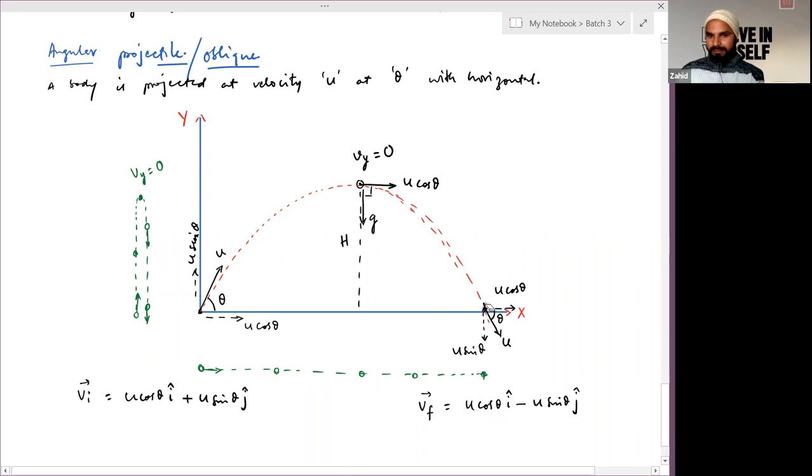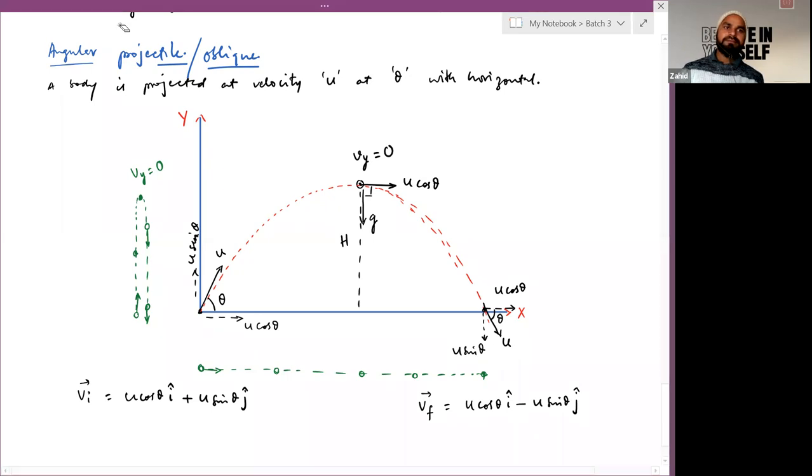On finally hitting the ground back, there is velocity along y-axis towards negative direction. That's why V final would be u cos theta positive i cap minus u sin theta j cap. So if you relate these two terms, you will say from point of projection till hitting back to the ground, there will be only change in direction of y component of velocity. Is it clear? Okay.